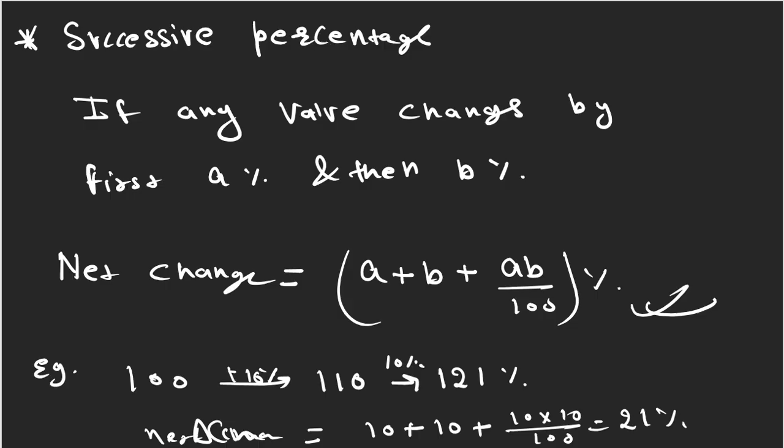So this is called successive percentage, meaning the first quantity will change by some percentage, then the changed quantity will change by some percent. We'll take some physics based examples, like one term in physics you will always see in NEET Physics, JEE Mains Physics, Advanced Physics, everywhere, is called efficiency.